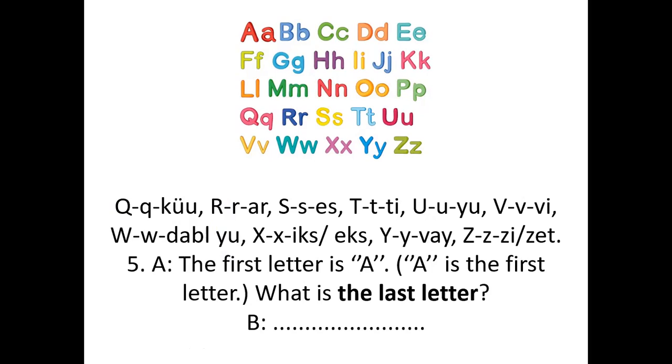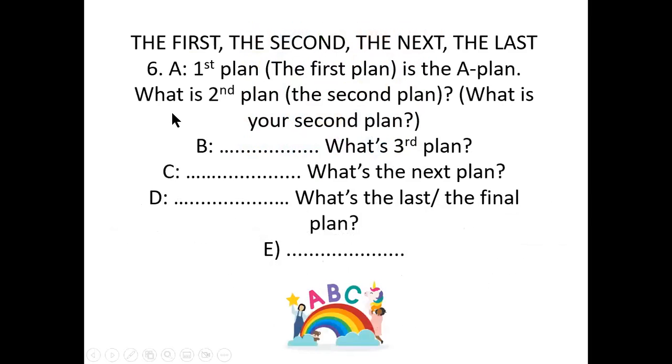Dialogue 5. The first letter is A, or A is the first letter. What is the last letter? Z is the last letter, or the last letter is Z. It is Z. The first, the second, and the next, the last.